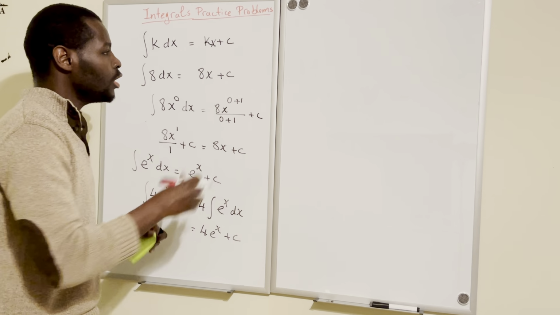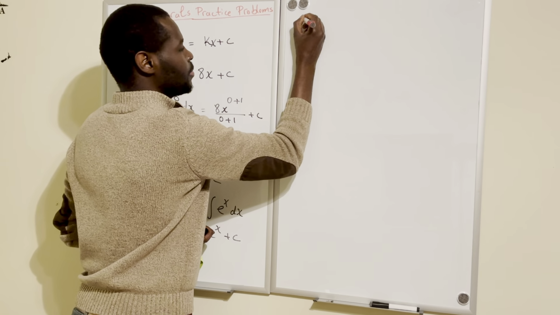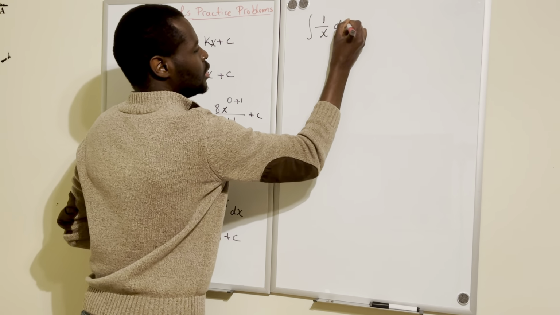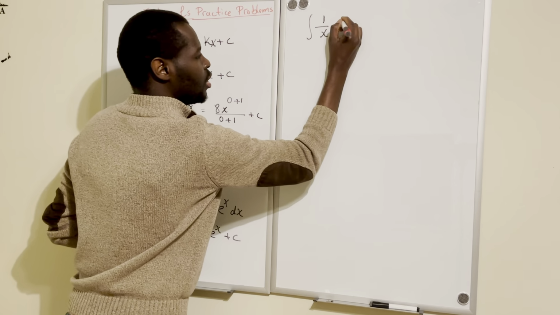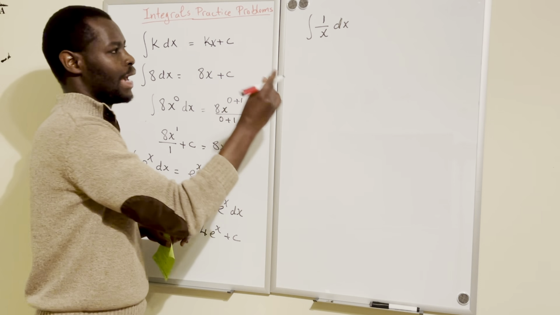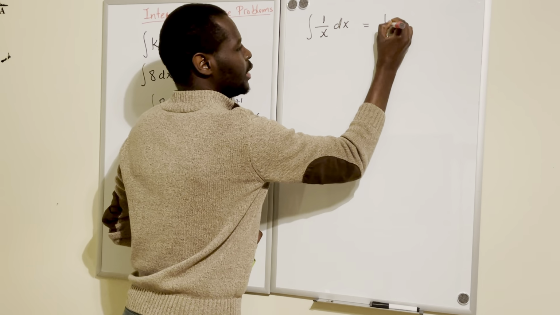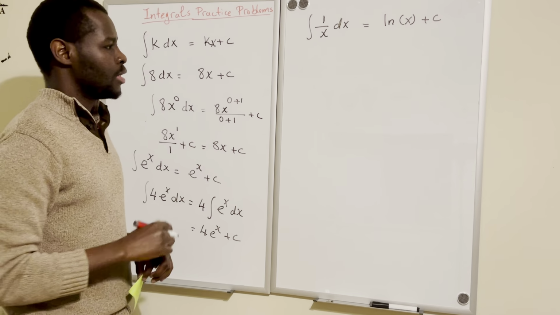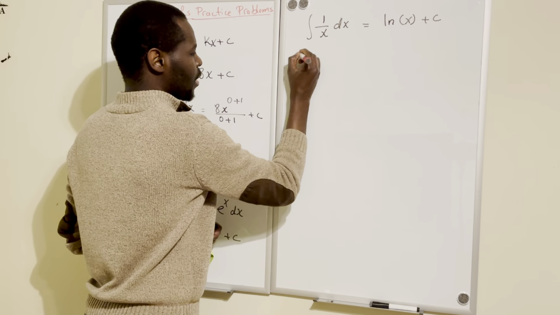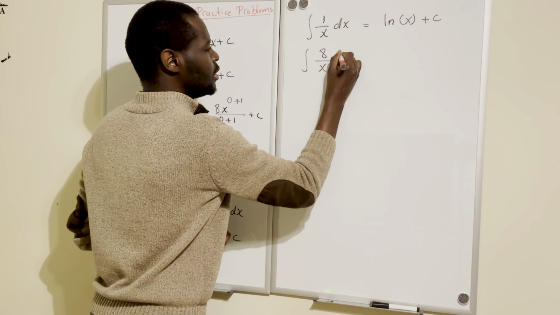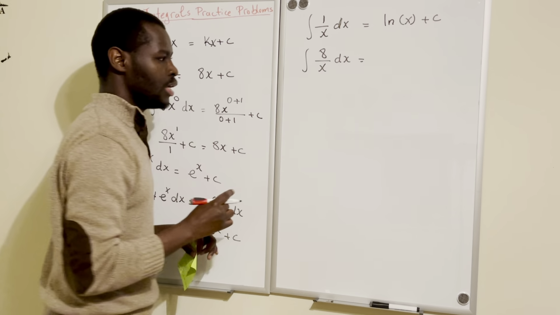Now, one more concept. If you are asked to evaluate the integral of 1 over x dx, this equals ln of x plus a constant. Same thing: it really doesn't matter if I'm given 8 over x dx and asked to evaluate the integral.